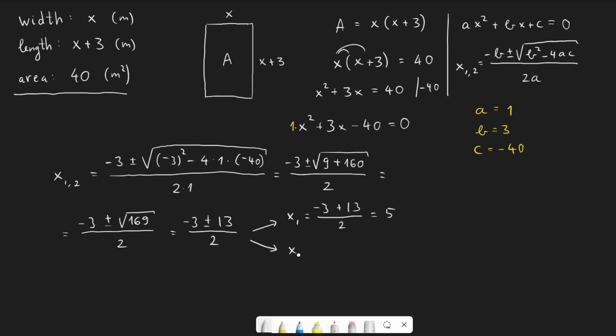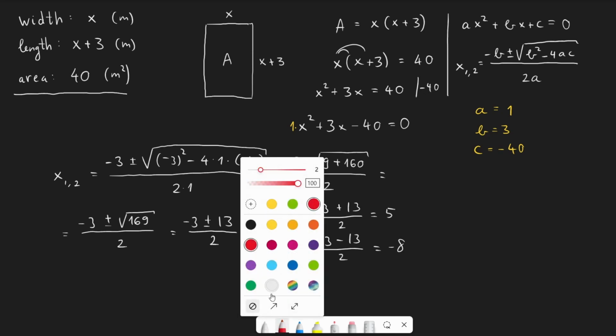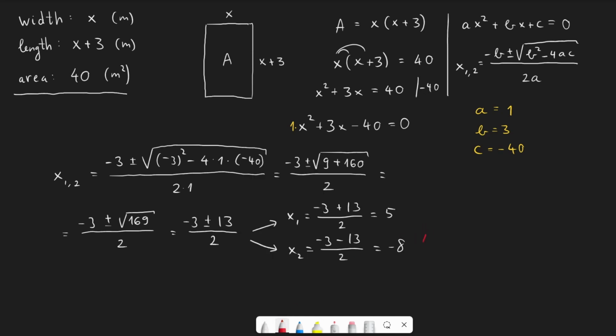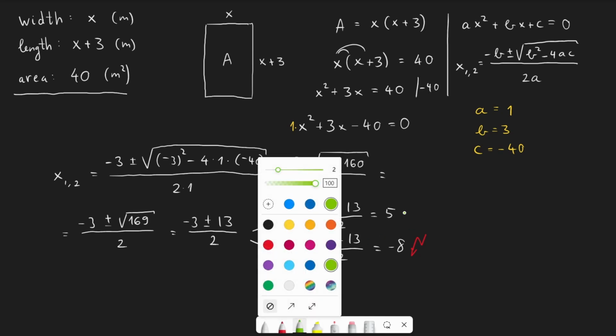And there will be another solution, minus 3 minus 13 over 2, which is minus 8. But a negative value is not correct because we want a positive value for a width, because a size must be positive. So our solution is 5.